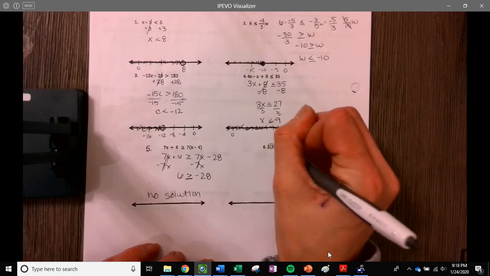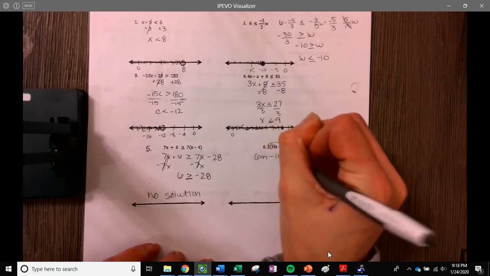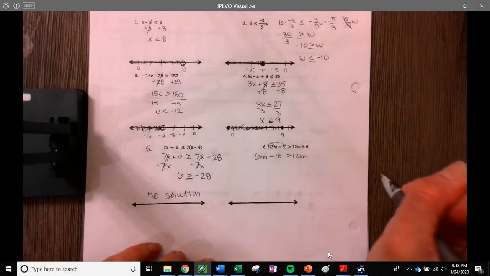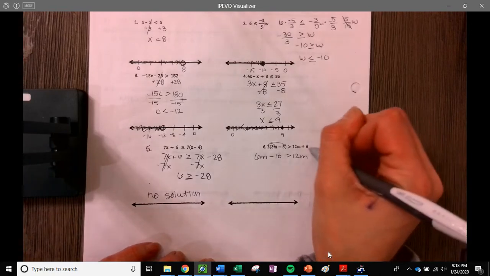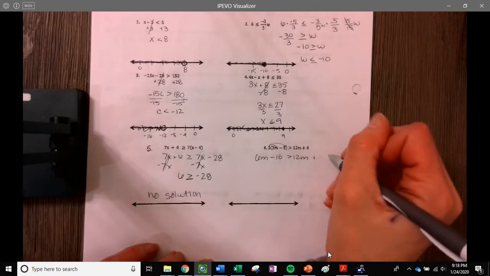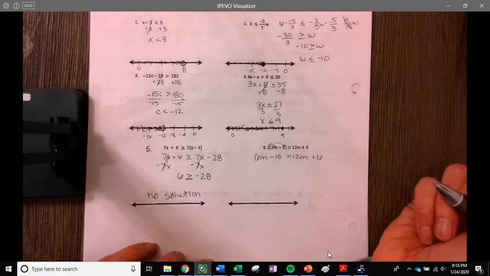We're going to distribute the 2 to get 6m minus 10 is greater than 12m plus 6. All right.